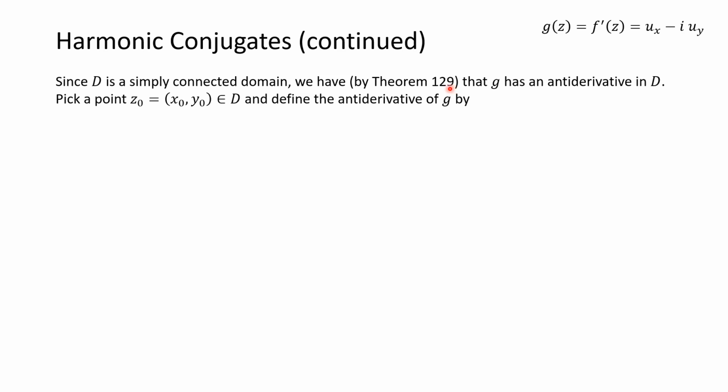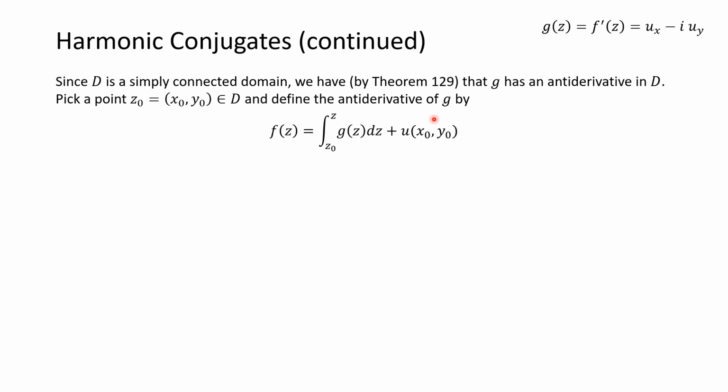So continuing with the proof, since D is a simply connected domain, we have by theorem 129, which we proved or stated in a previous lesson, that g has an antiderivative in D. Since g is analytic, it follows the condition of this theorem. And that allows us to define f of z in terms of a contour integral with g of z as the integrand, going from z sub 0 to z, plus u evaluated at x0, y0.